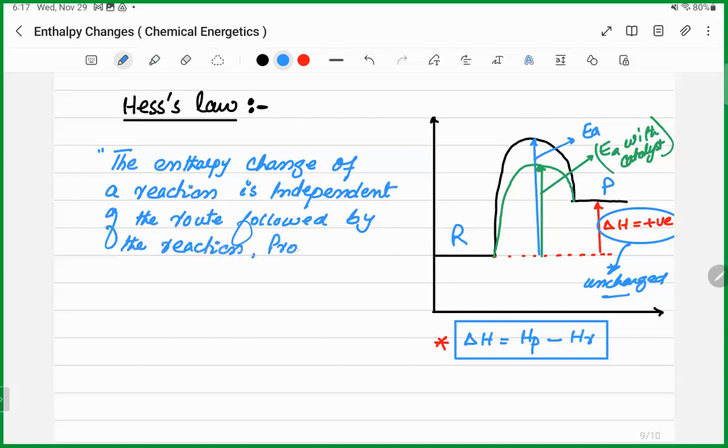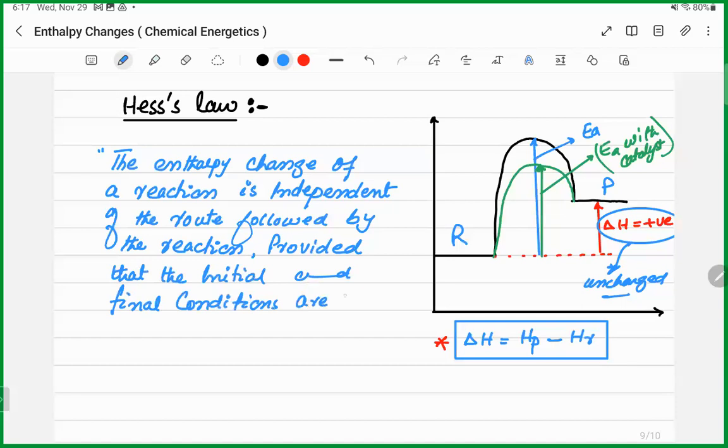Provided that the initial and final conditions are same. अच्छा, इस स्टेटमेंट का क्या मतलब है कि initial and final conditions are same?